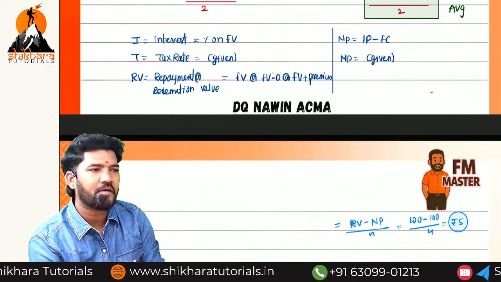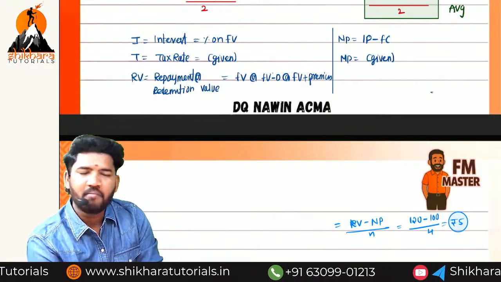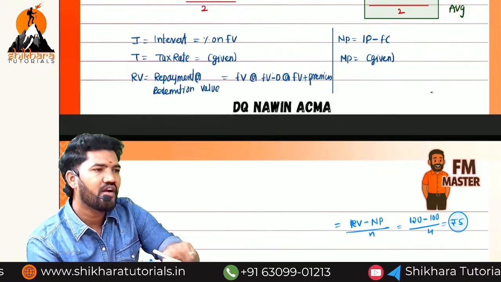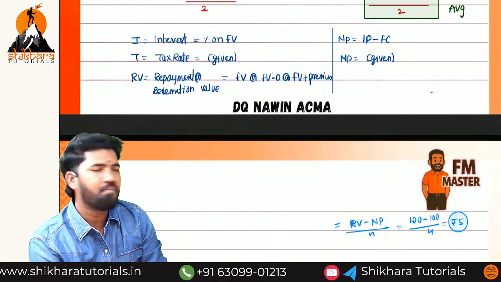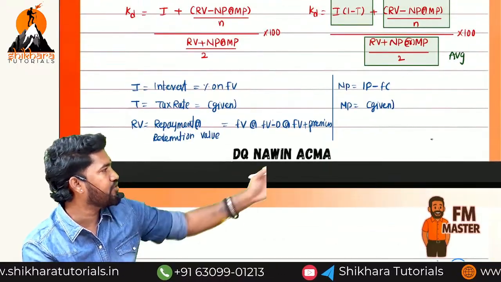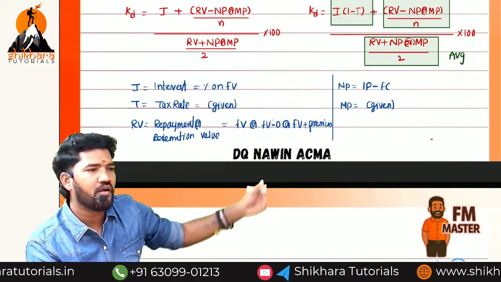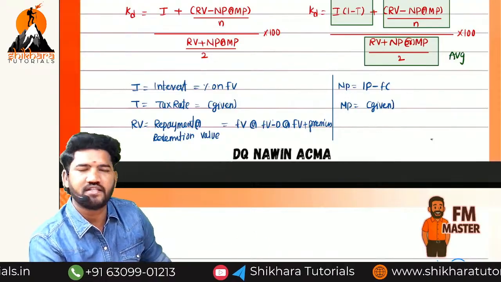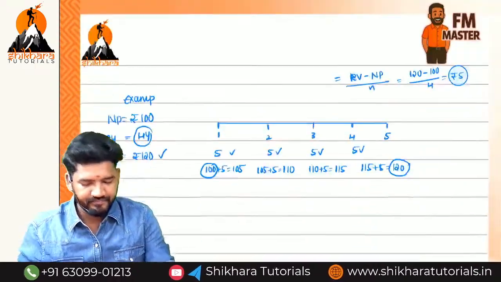The investment is per debenture, either net proceeds or market price. But for redeemable debenture, two values are there: repayment value and net proceeds. For understanding purposes, we take an average: repayment value plus net proceeds or market price, divided by 2. Now you will get a proper KD. Pre-tax or post-tax? Post-tax. That's an important point. Are you clear now? So next.